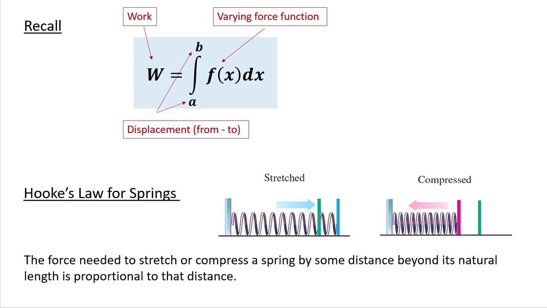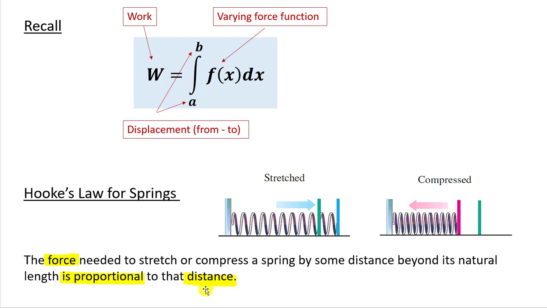Okay, so it says that the force needed to stretch or compress a spring by some distance beyond its natural length is proportional to that distance. And basically what it means is that the further away I stretch or compress the spring, the more force needs to be applied.